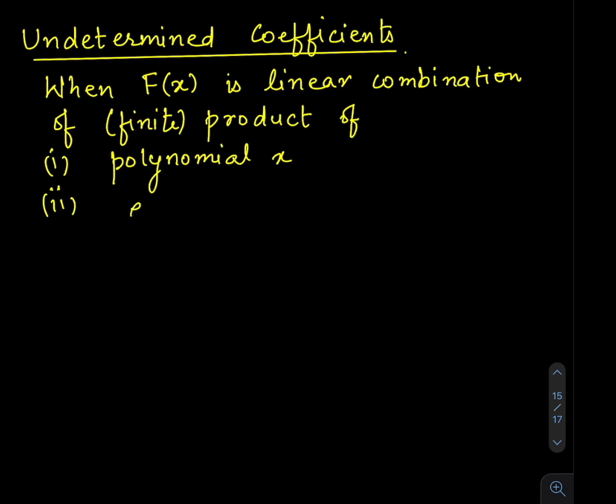Second one is e^(nx), any exponential function. And the third one is cos(kx) or sin(kx), where this k can be any real number. Okay, so if our f(x) is a linear combination of finite products of these functions, then we can use the method of undetermined coefficients. Okay, let's talk about this method a little bit.